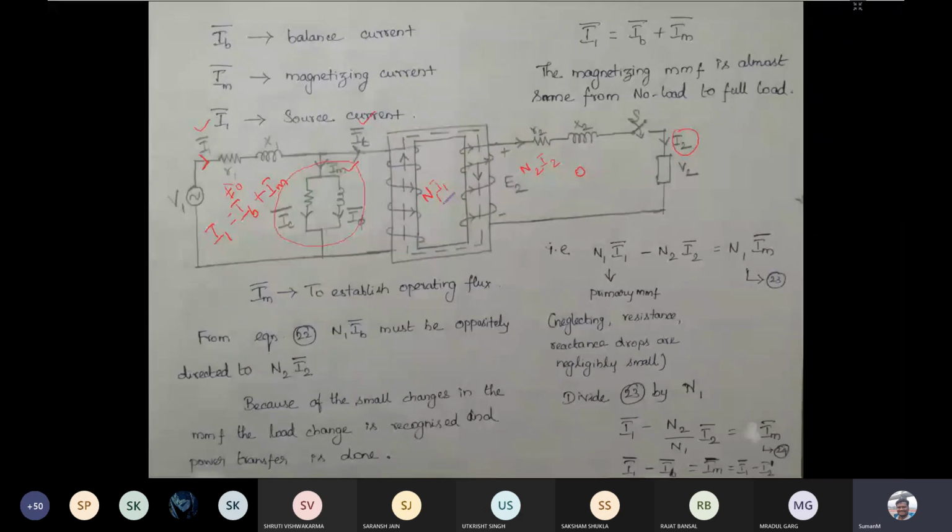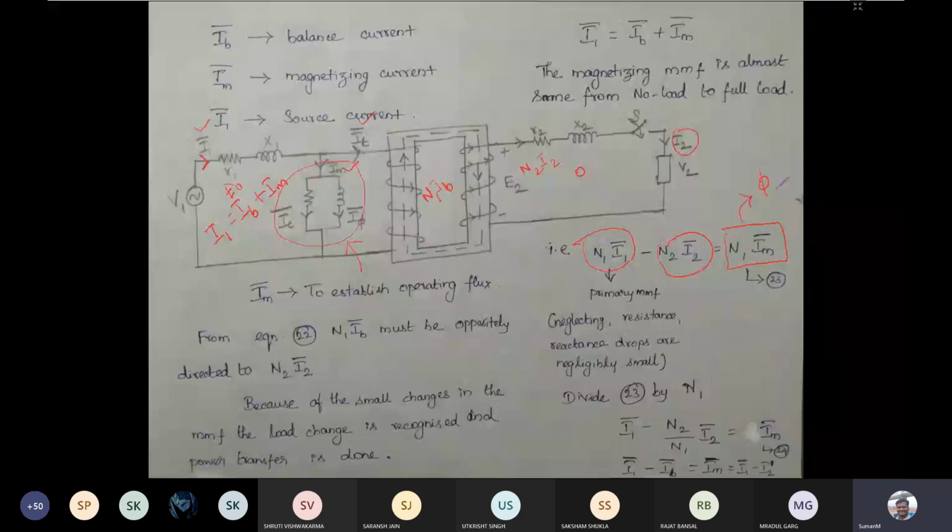So now, if you replace this with balancing current, we will directly be talking in terms of balancing current, that is N1 into IB. So now this primary MMF given by N1 I1, minus this secondary MMF N2 into I2, the subtraction of that will be equal to the MMF created by this component, which is related with the mutual flux.